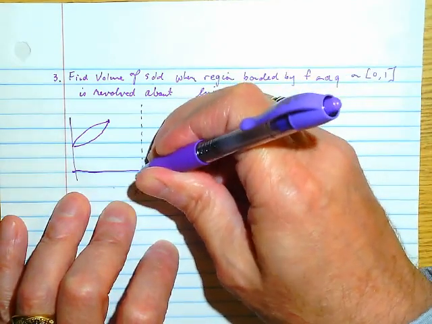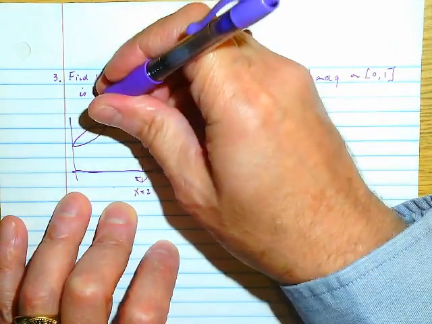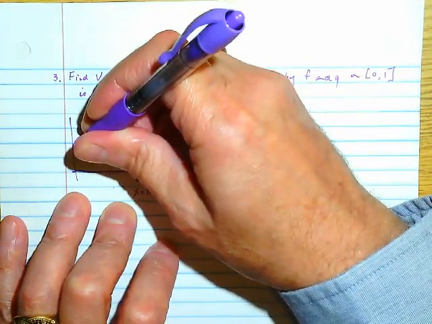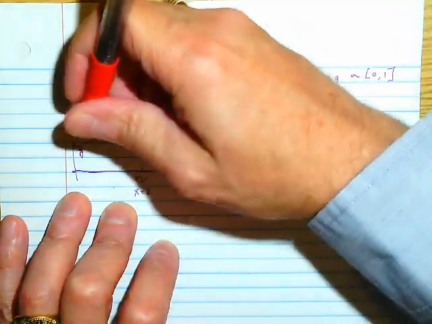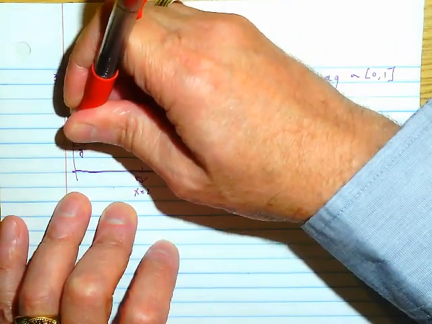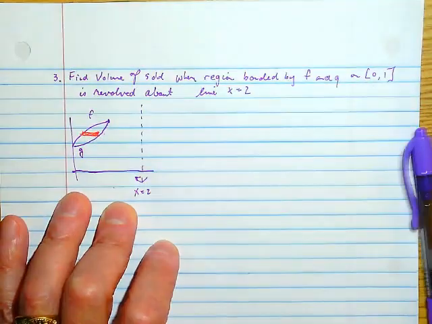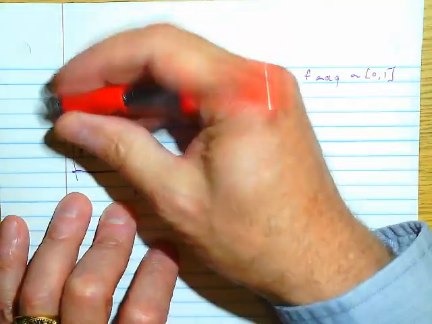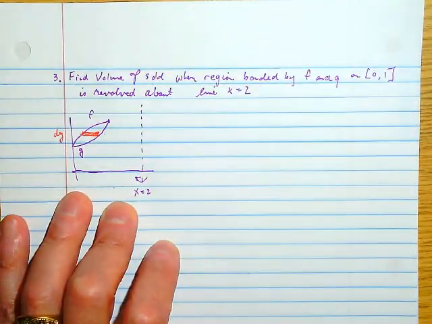This is my axis of revolution, so it's a vertical axis. This is my f function on top. This is my g function on the bottom. But this time, my axis is going vertical, so my representative rectangle has to be horizontal. This is a dy problem. Immediately when you fix that, you set yourself up for making a dy problem.